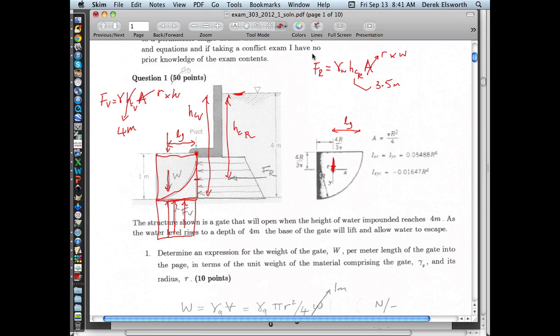So we have the location of the horizontal force. I guess maybe that it's not the resultant, is it? It's the horizontal resultant force. We have the magnitude of the vertical force. Now if we want to be able to resolve exactly whether this gate opens or not, we need to figure out the locations. So let me scoot off this page.